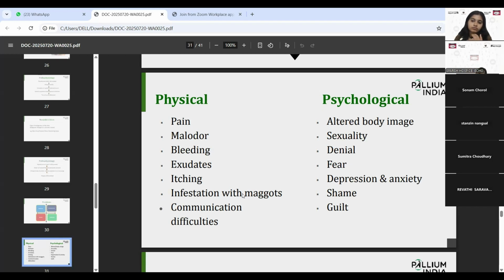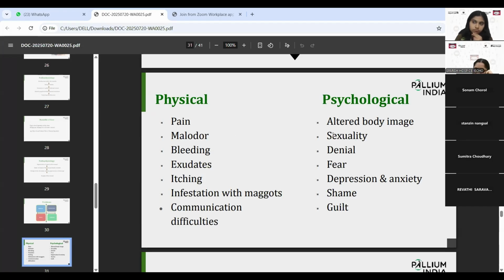Now I'm working in KMCH hospital, a medical college. We see many patients who have fungating wounds near the mouth, and they have more difficulty in communication. These are the physical problems patients are facing.